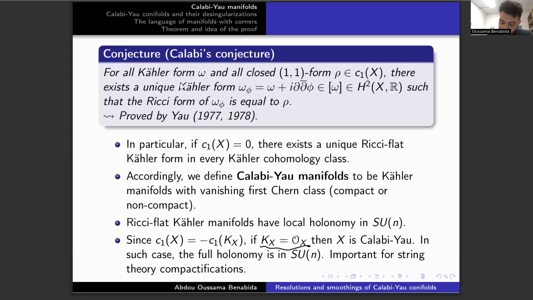So for example, any hypersurface of degree n+1 in CP^n, by the adjunction formula, which describes the canonical bundle, we get that the canonical bundle is trivial, and therefore it's a Calabi-Yau manifold. So this is the way of producing Calabi-Yau manifolds: projective varieties with trivial canonical bundle.